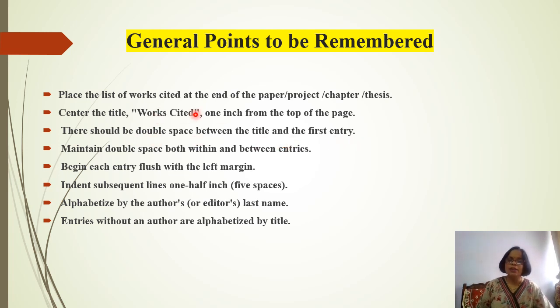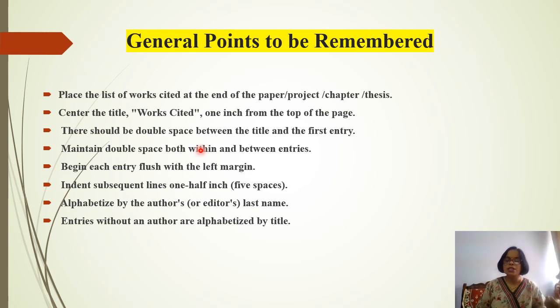So where the title is there and where the first entry begins, between the title and the first entry, there should be double space. Then maintain double space within and between entries. So what we have to do? We have to maintain double space within.